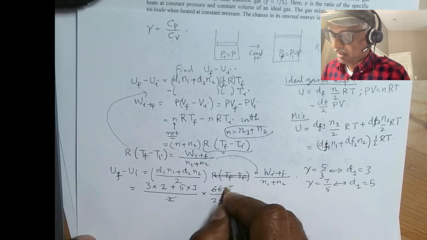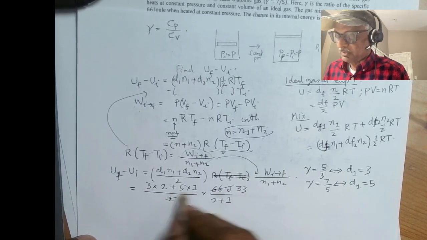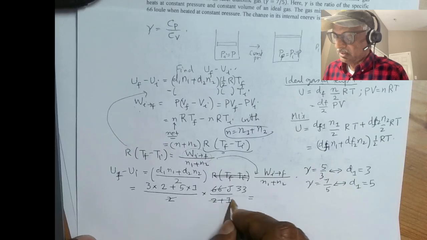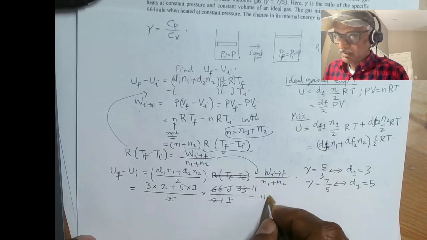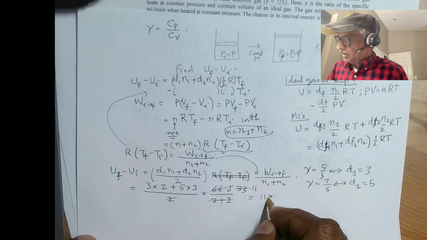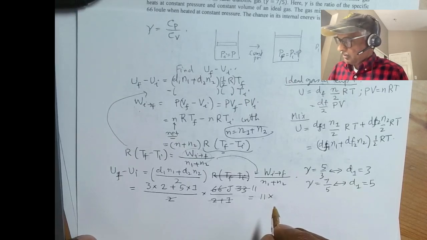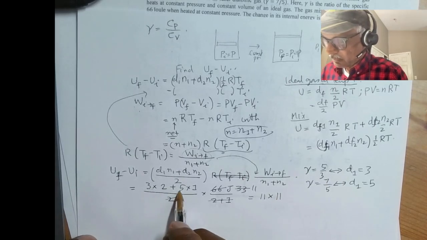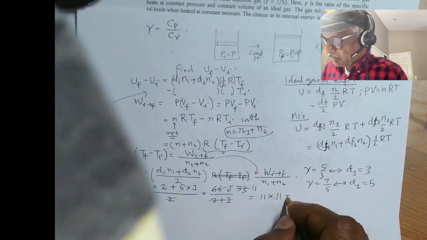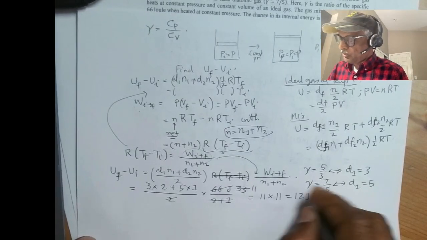This cancels, that's 33, and 6 plus 5 makes it 11. 6 plus 5 is 11. So I get 121 joules.